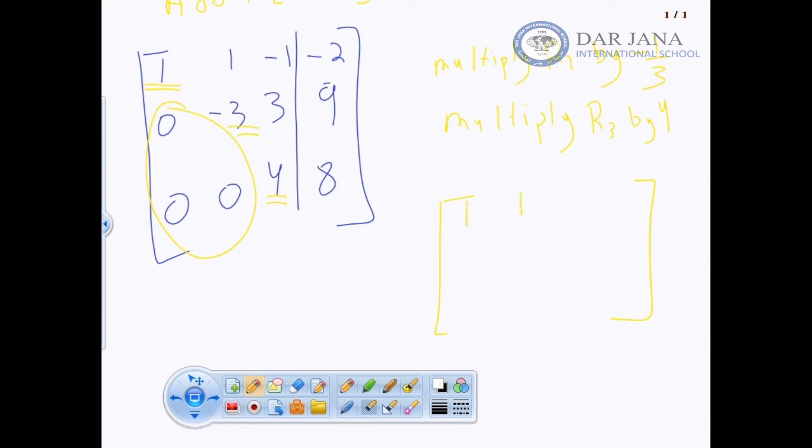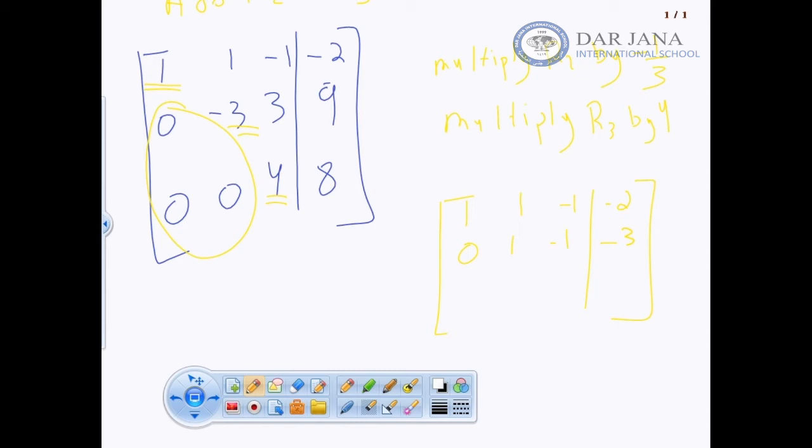1, 1, negative 1, negative 2, 0. Okay, 0 times negative 1 over 3 is 0, negative 3 times negative 1 over 3 is 1, 3 times negative 1 over 3 is negative 1, remember I'm multiplying R2 by negative 1 over 3, and 9 times negative 1 over 3 is negative 9 over 3, which is negative 3.